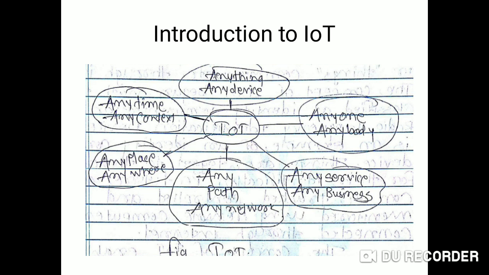You can observe the picture described here. IoT is just a combination of anything, any device, anyone, anybody, any service, any business, any path, any network, any place, anywhere, anytime and any context.